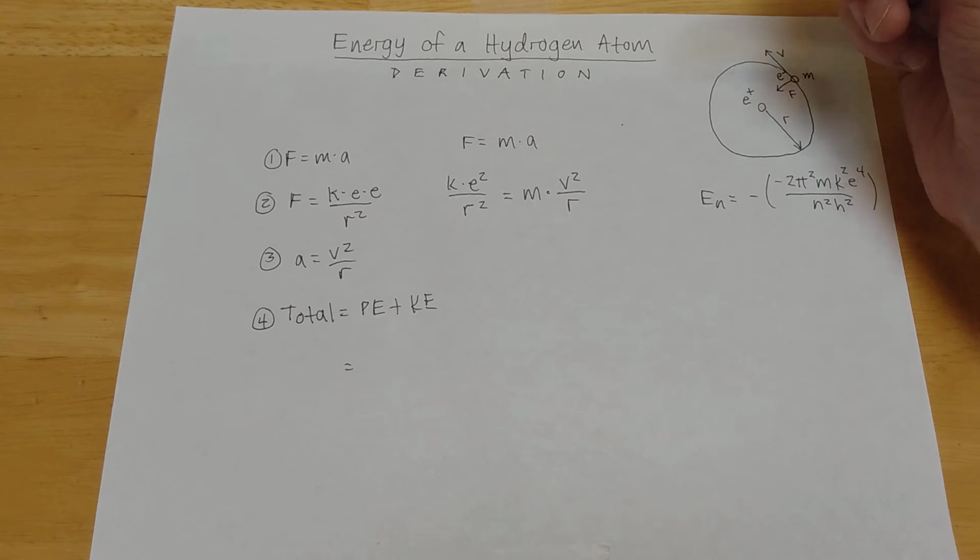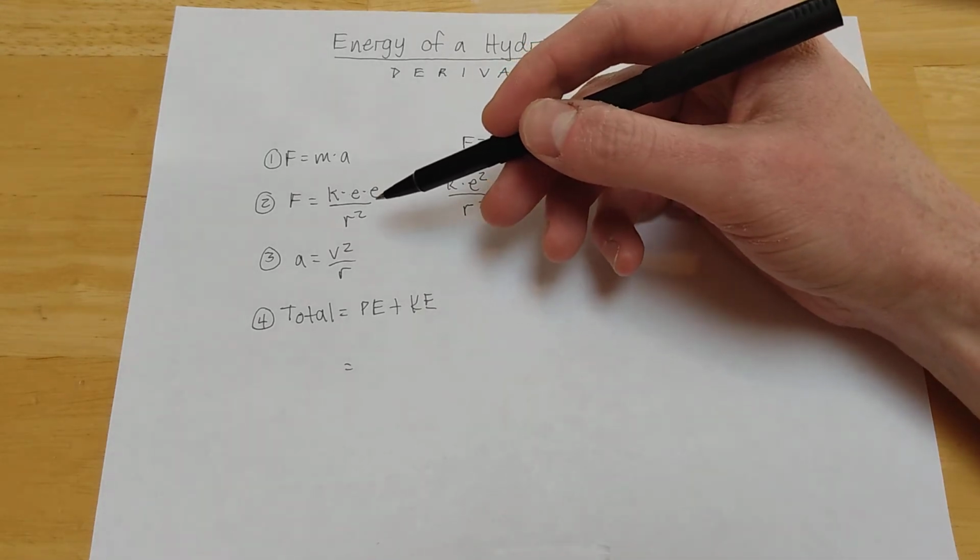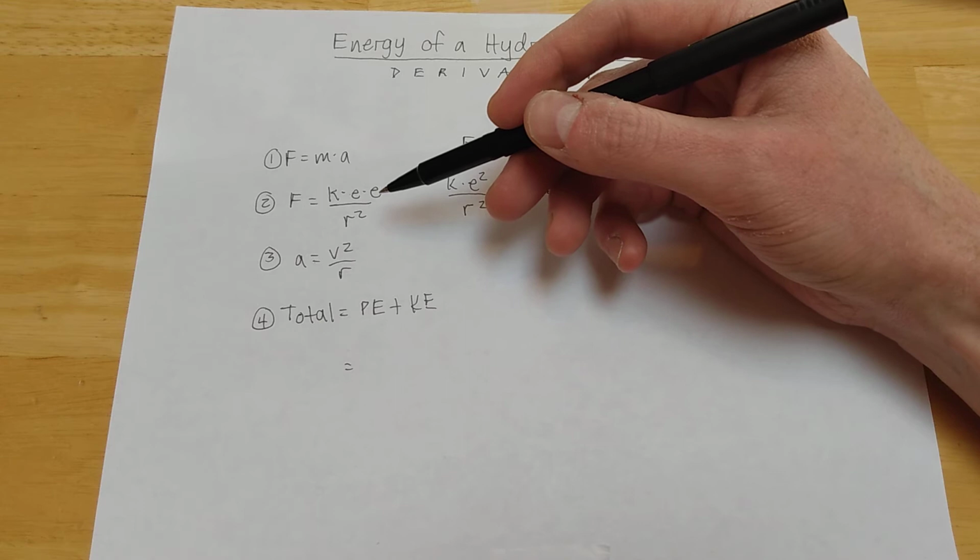But because we're interested in energy, we could start with the total energy being the sum of the potential plus kinetic energies. And just a real quick side note about the potential energy, it's going to be the accumulation of the static electric force.